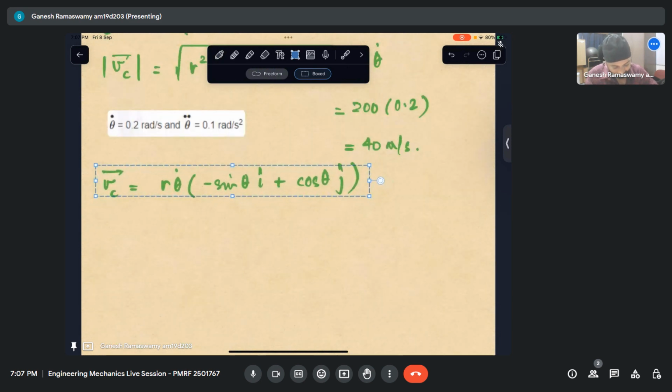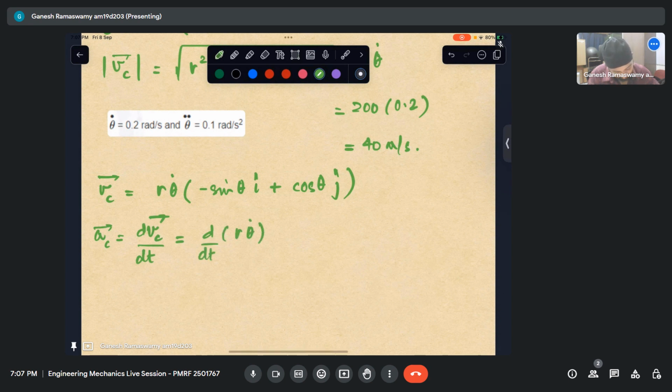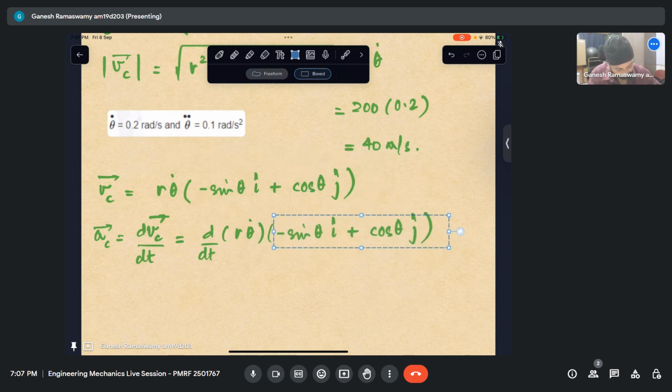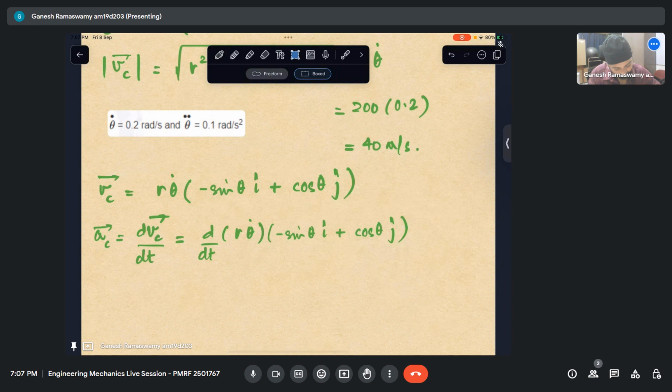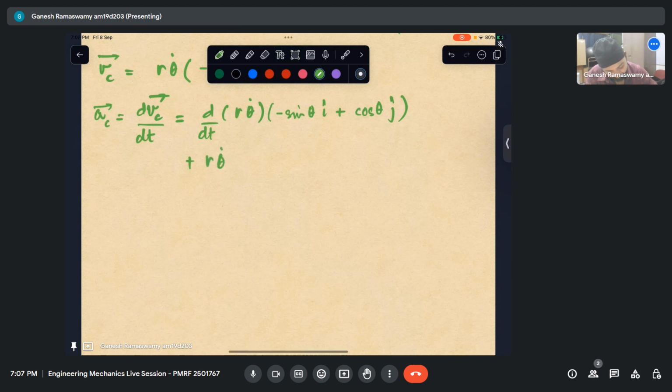So therefore acceleration should be d by dt, which is nothing but d by dt of r theta dot into this quantity plus r theta dot into d by dt of this quantity again.